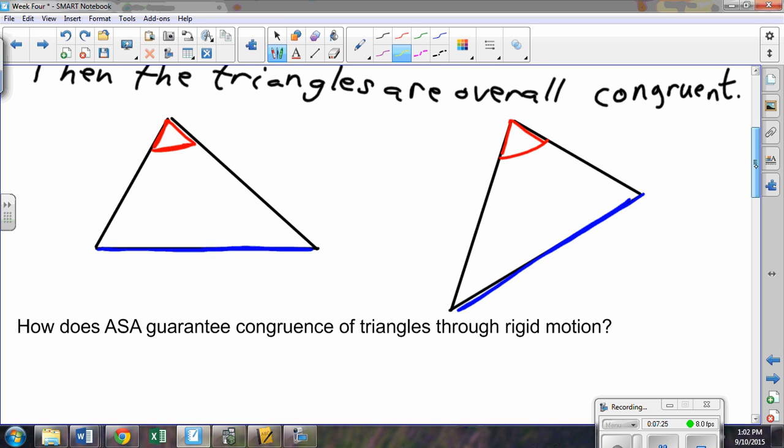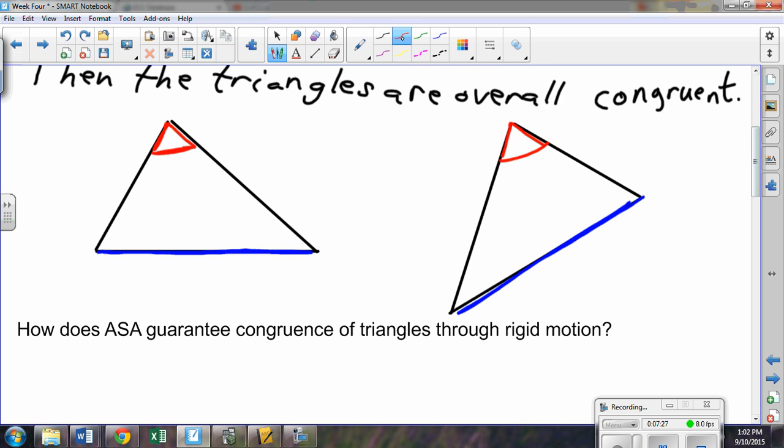Please remember what I said about the tick arcs. Having one matching one in the red means those angles are congruent. Well, let's suppose we also have angle matching angle being congruent.